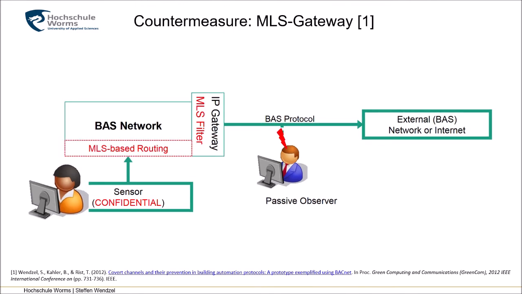If you have a side channel and multi-level security, and let's assume this is a confidential sensor and this is a public network, then you can apply multi-level secure routing with a filter, so that if this sensor wants to communicate with a public device, this is forbidden, at least if the sensor value is written to that public device.